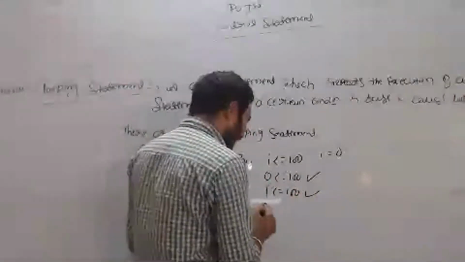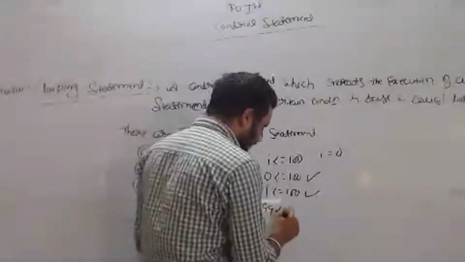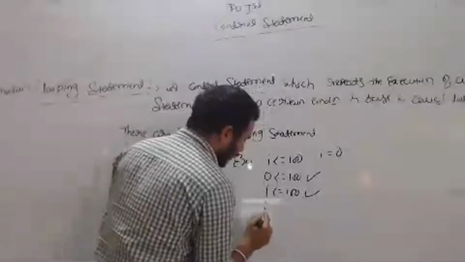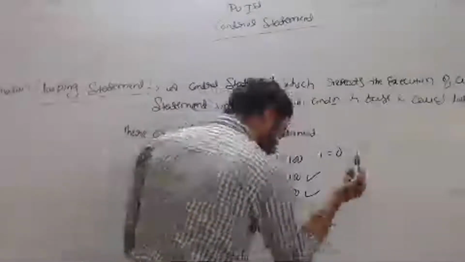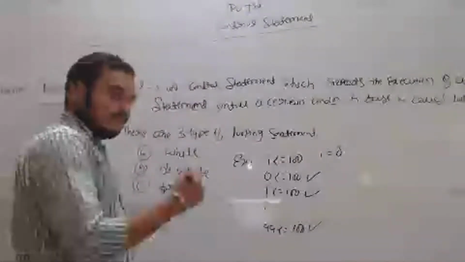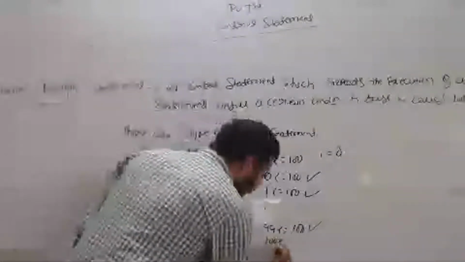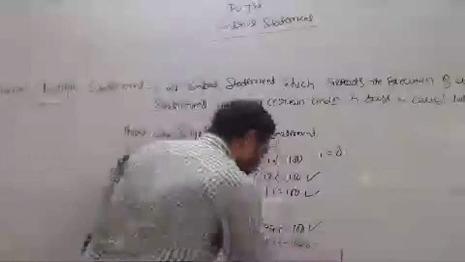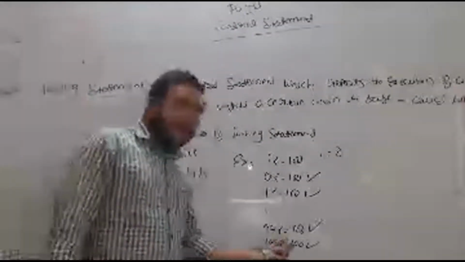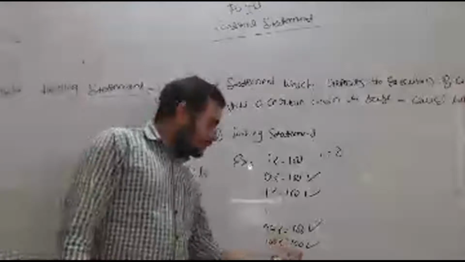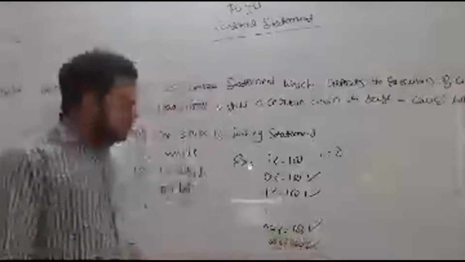Similarly 99 less than or equal to 100, again the condition becomes true. 100 less than or equal to 100, the condition becomes true. 100 is equal to 100, the condition becomes true.